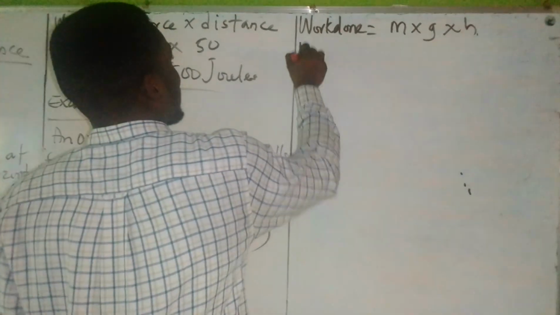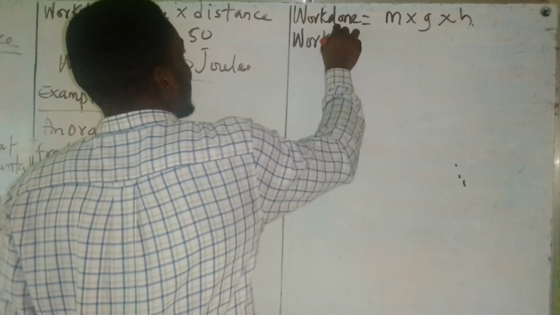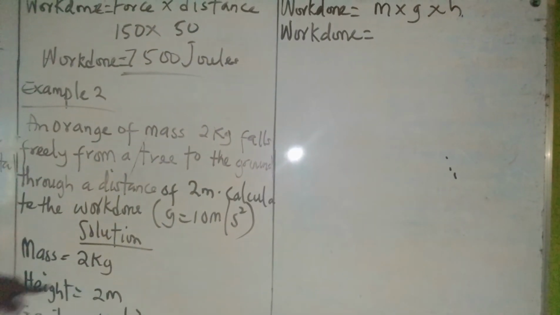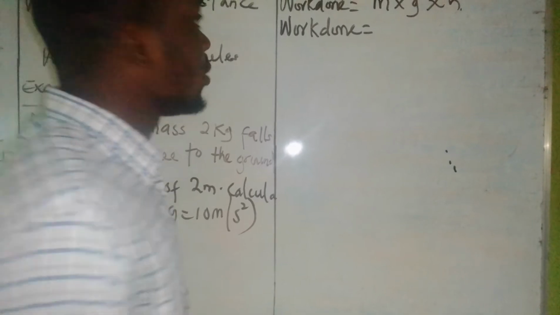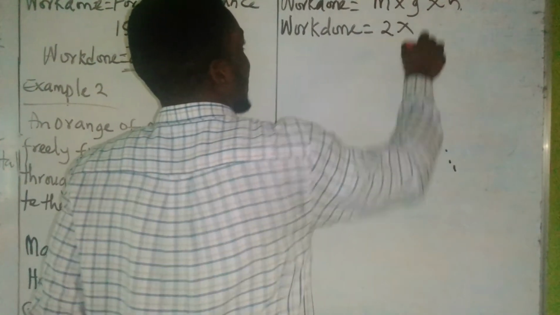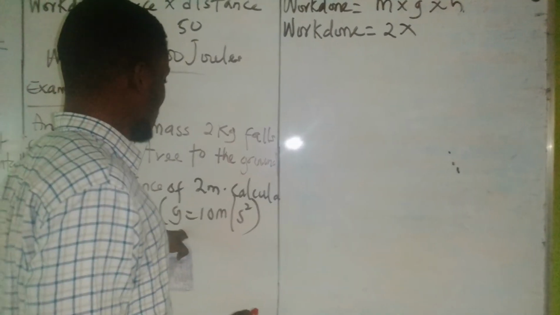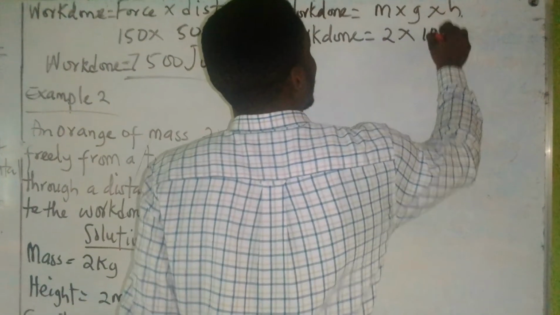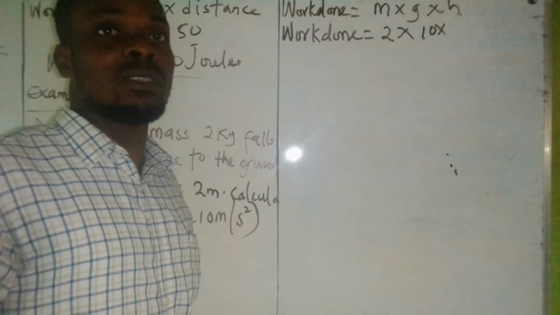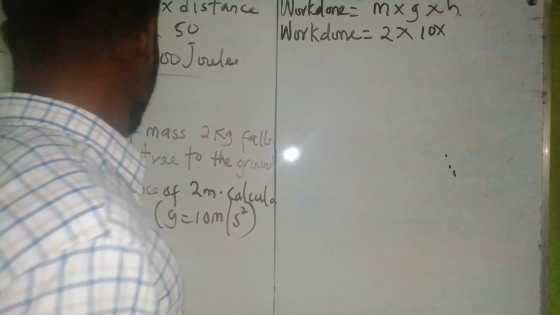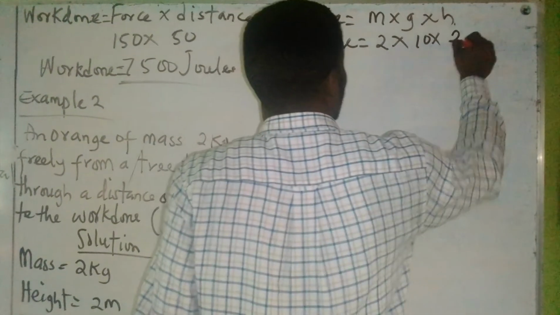So, in putting it, work done is equal to what's the mass of the orange? 2 kg, 2 kilogram. Times gravity, which is a constant, as you can see. And what's the height from which the orange fell from the tree? The height is 2 meters.